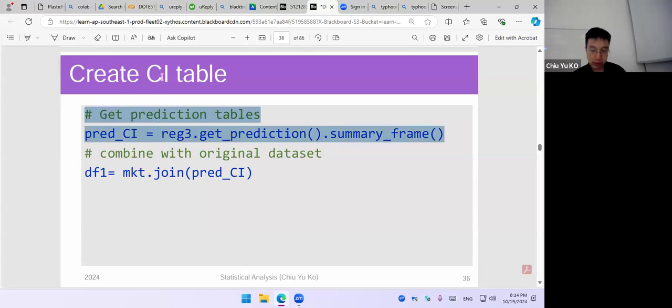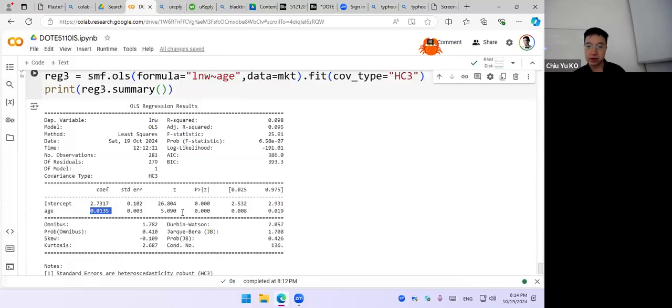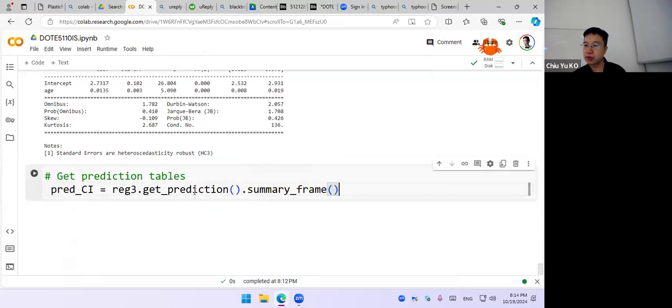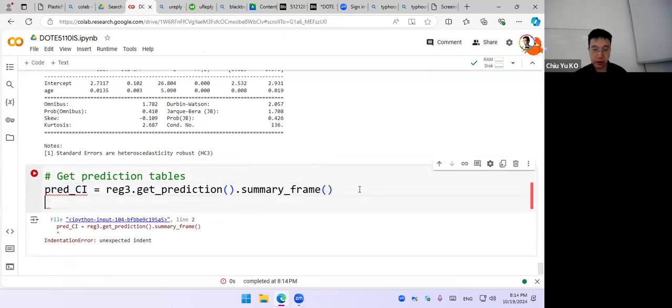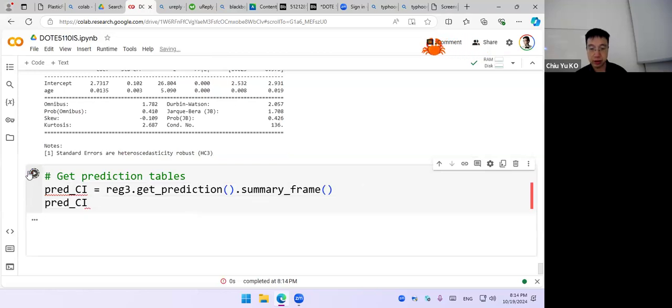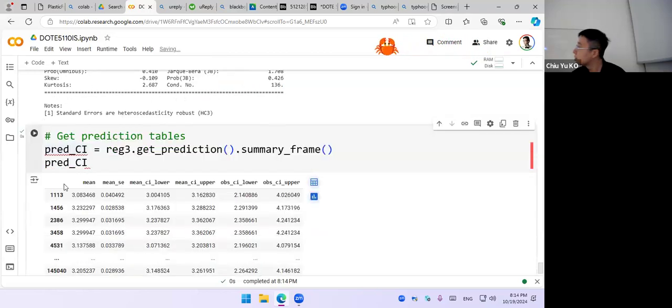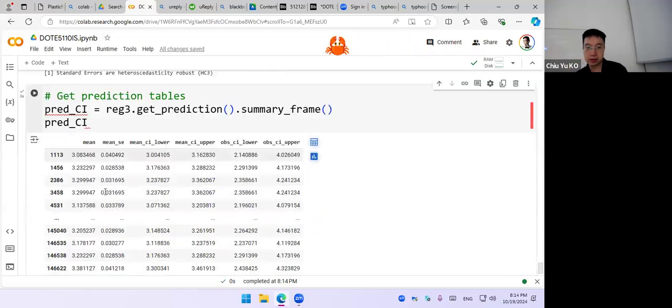So we have that, but let me show you what it gives you. You will see what we mean by this function. If you do that, let me do the predict_ci. So you see what it's doing right now.